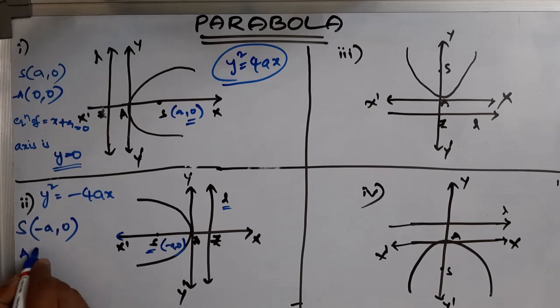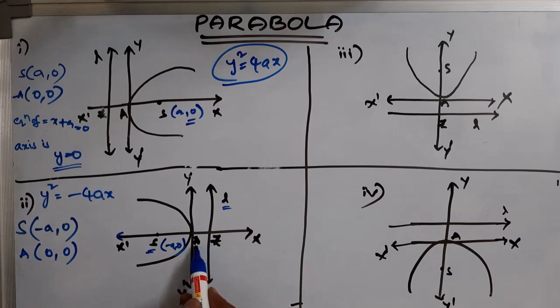And the vertex is 0 comma 0 as it is. It never changes because vertex is the contacting point of x-axis and y-axis and it lies on the parabola. It should be considered as the vertex of the parabola.